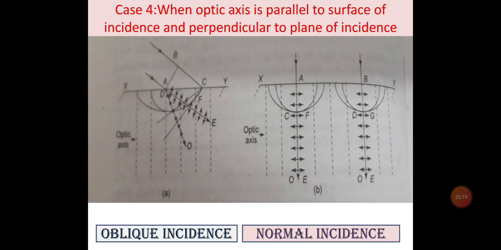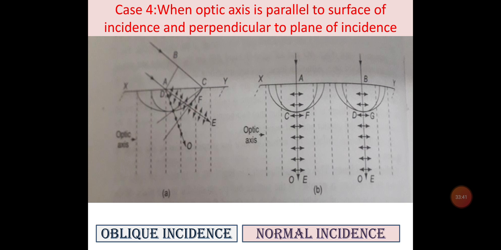The next and the last case is when the optic axis is parallel to the surface of incidence and perpendicular to the plane of incidence. You can see in the figure that the optic axis is perpendicular to the upper face of the crystal. It is shown by the parallel dotted lines.